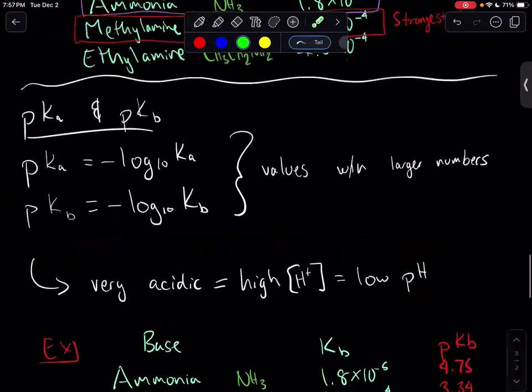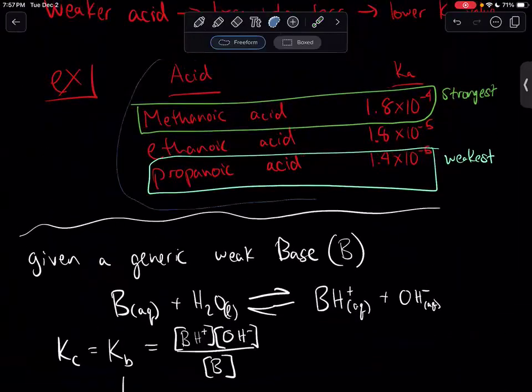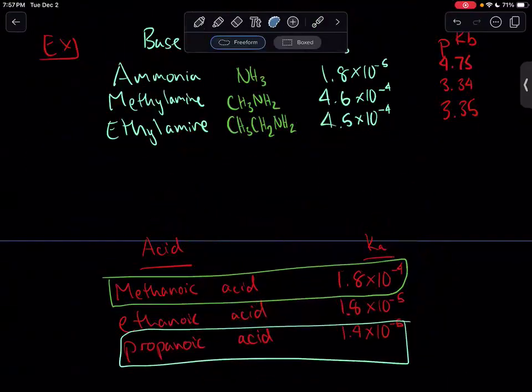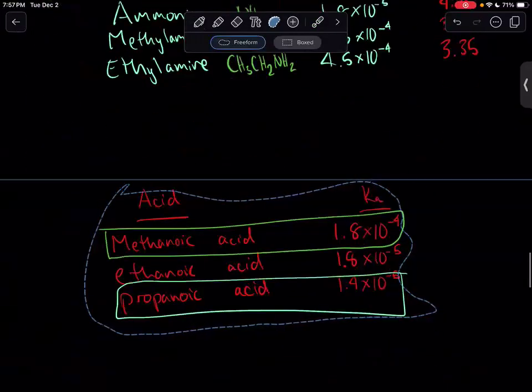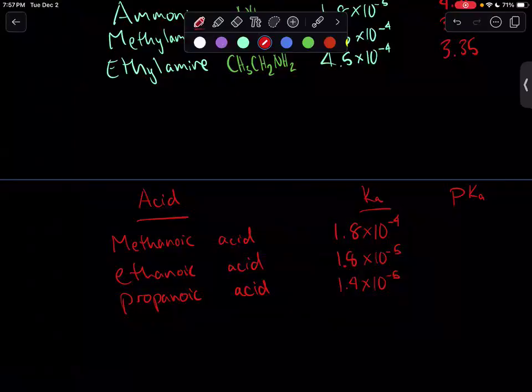We can actually repeat this if we pull our acid values too. So I'm going to cheat once more, grab these acid values, bring them all the way down, and make my new column, pKa. With my pKa's, I will find that I have a 3.75 pKa for methanoic, a 4.76 and 4.87 for the other two values.